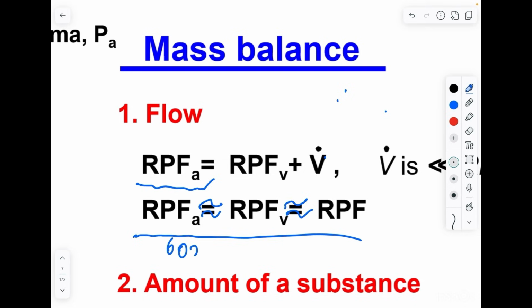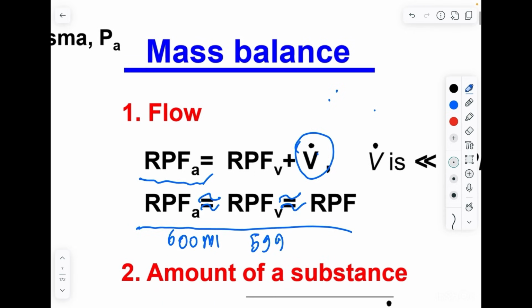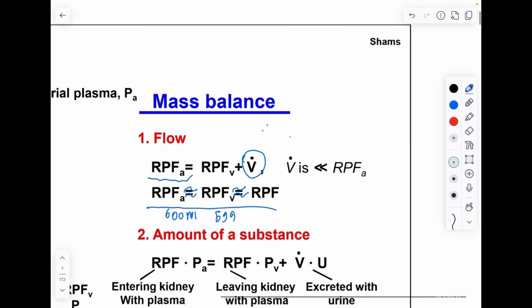Because if 600 milliliters of blood came with the artery, 599 are leaving with the vein, and only one of that is urine, 1 milliliter, because 99% of the filtered amount is reabsorbed. Okay, so what leaves with urine is only 1. So we can estimate the 600, 599. It doesn't really matter. So we just say renal plasma flow from now on.